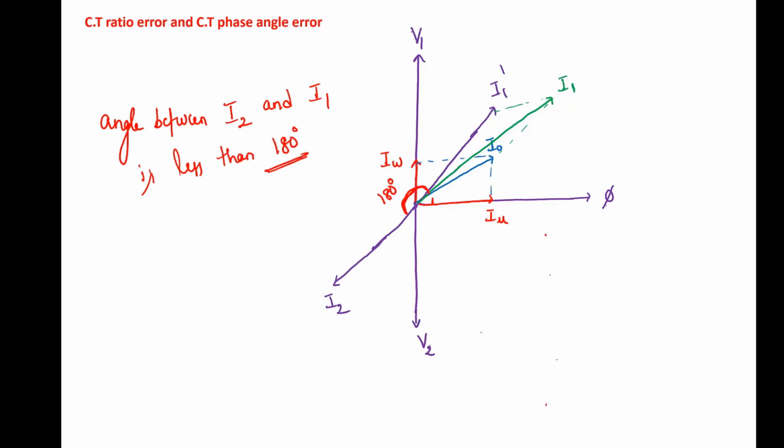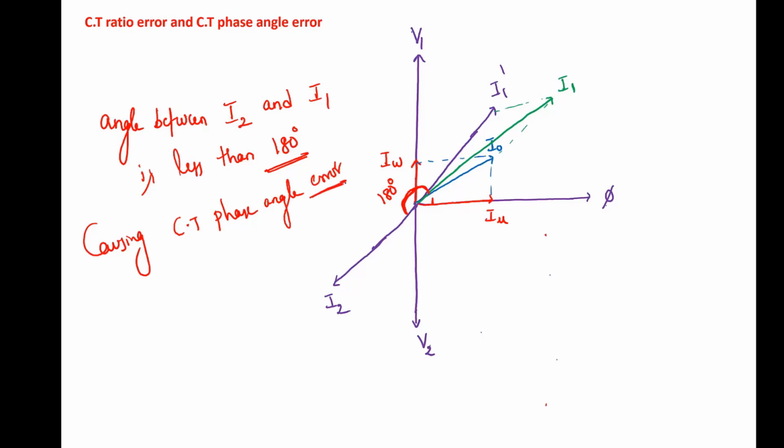So this small reduction in angle is causing CT phase angle error. Understand?